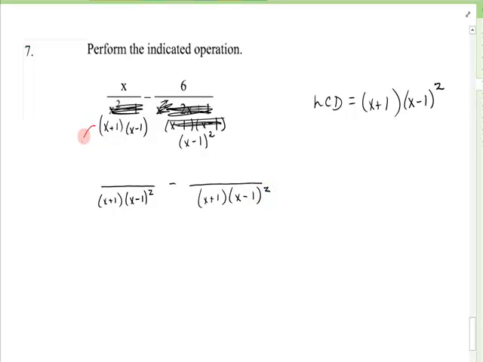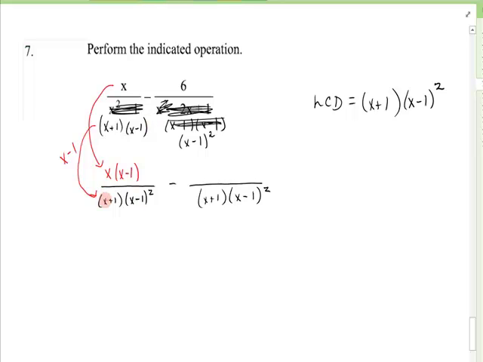Do your comparison. What's new down here? Well, they both have x plus 1s, they both have x minus 1s, but this one has it squared. So you need an additional x minus 1. Multiply it times the top. X times x minus 1. You're looking at what exists in the old denominator.